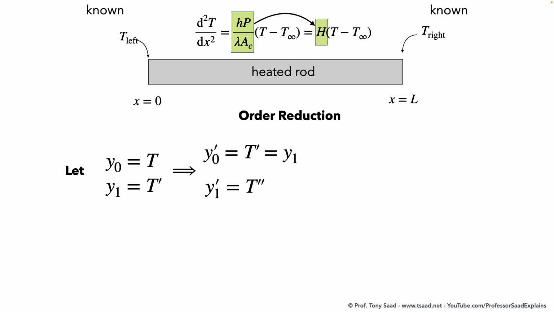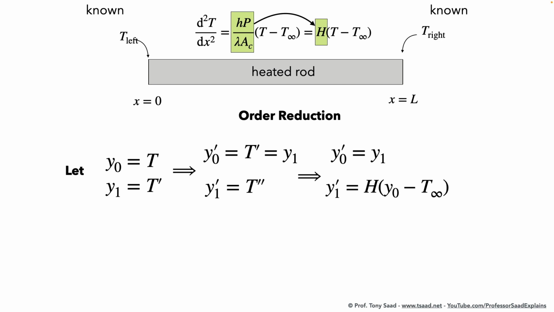Your second one comes from the fact that Y1 prime is actually T double prime. So if you go back and substitute into the original governing equation, you get Y1 prime equals H times Y0, which is T, minus T infinity. So now you've converted the second order boundary value problem into two first order ODEs.